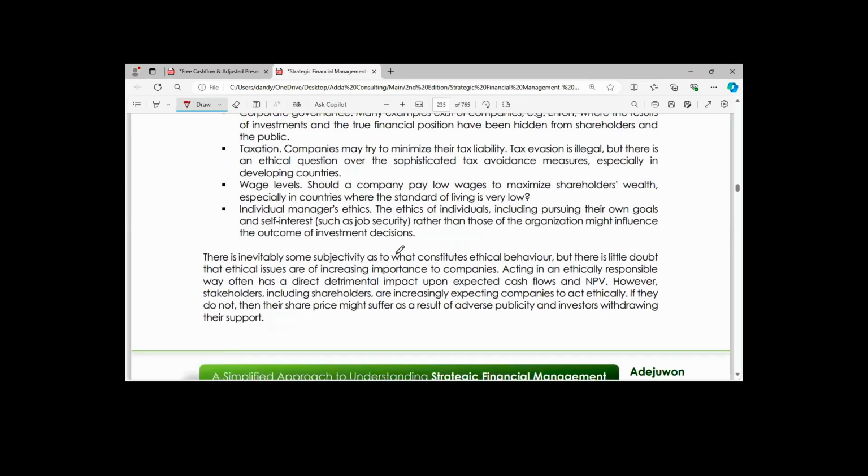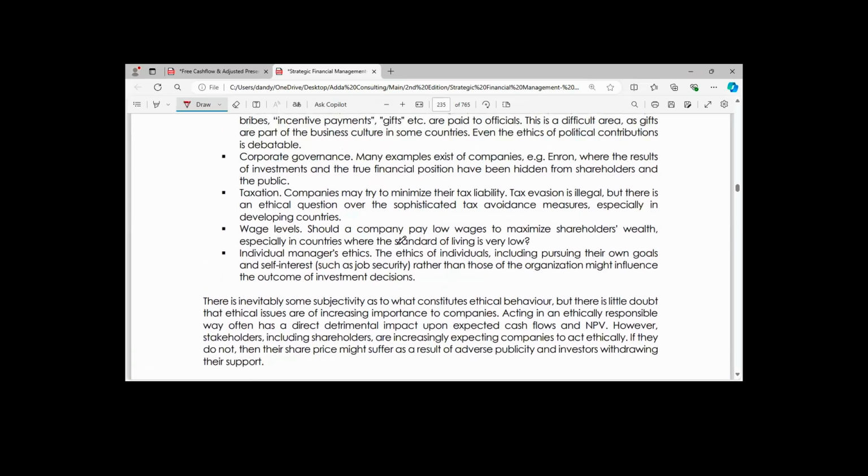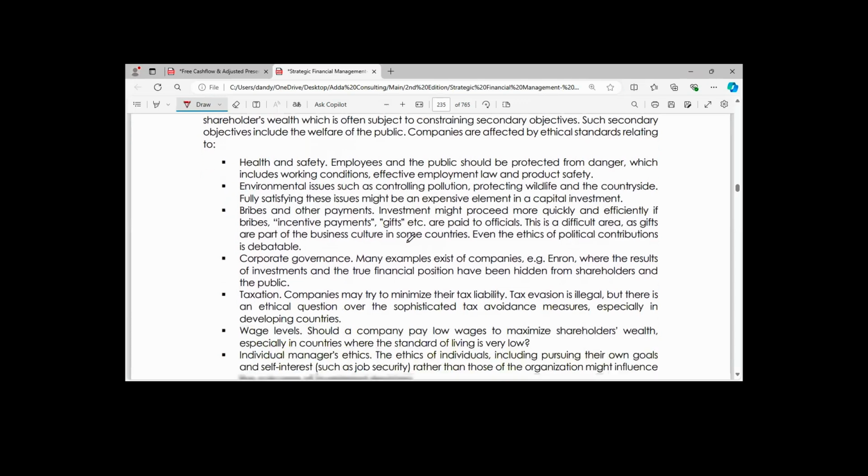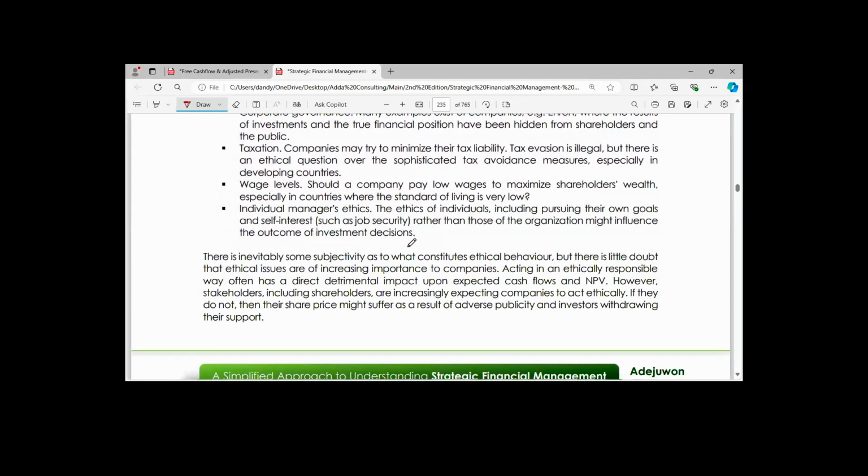So you can go to get all of these ethical issues. Because of time, I don't want to extend beyond what we have. It's already 11 o'clock. Take your time to review all of this.